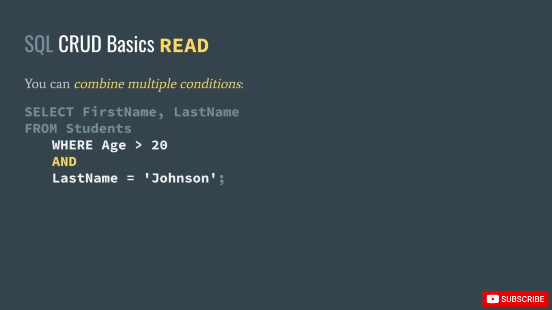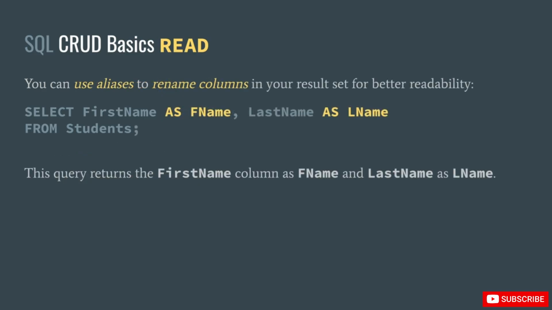You can combine multiple conditions to refine your queries using the AND keyword. For instance, to find students who are older than 20 and have the last name Johnson, you'd use a query like we have here. You can also use aliases to shorten your column names if you want to. In this query, first name is returned as F name and last name as L name.